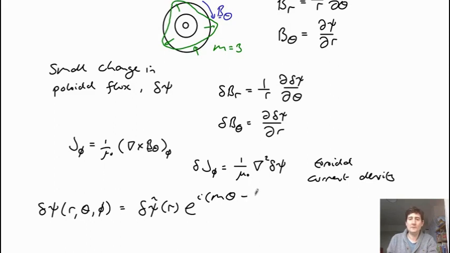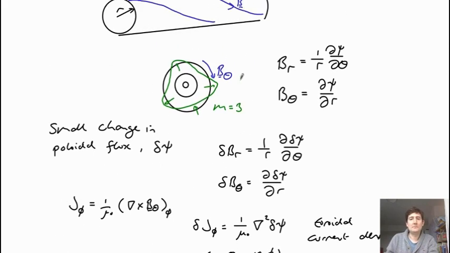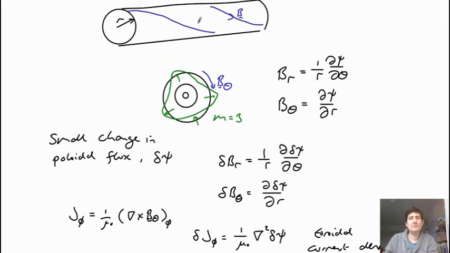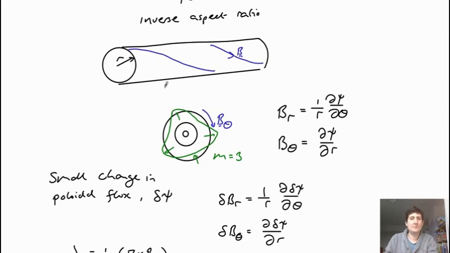And then we also have a toroidal mode number n. And here we could define phi. So phi here is a toroidal angle for tokamaks. For a cylinder, we can define phi as just the z direction divided by the major radius, and R naught here is a constant large major radius.